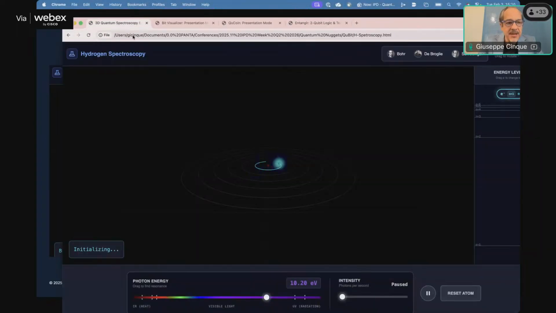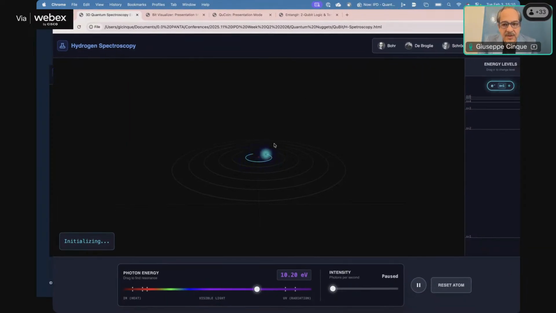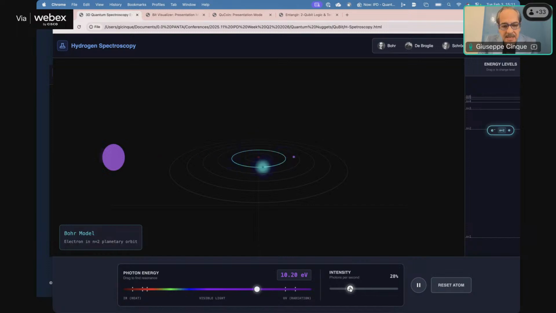In particular, the experiment that they were doing is something like that, right? The first idea was maybe the atom is like a solar system, right? There is an electric charge inside, an electron that rotates, and when they started to irradiate with photons, depending on the color of the photon, as you can see, I can change the color of the photon here.